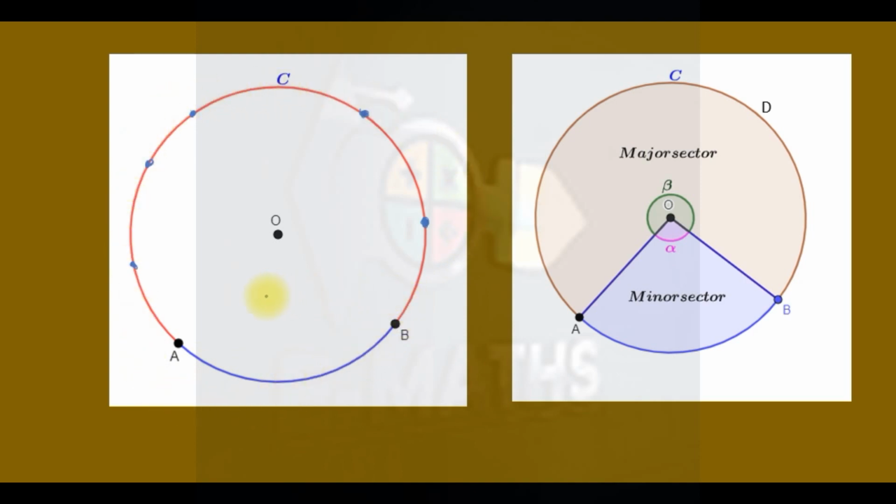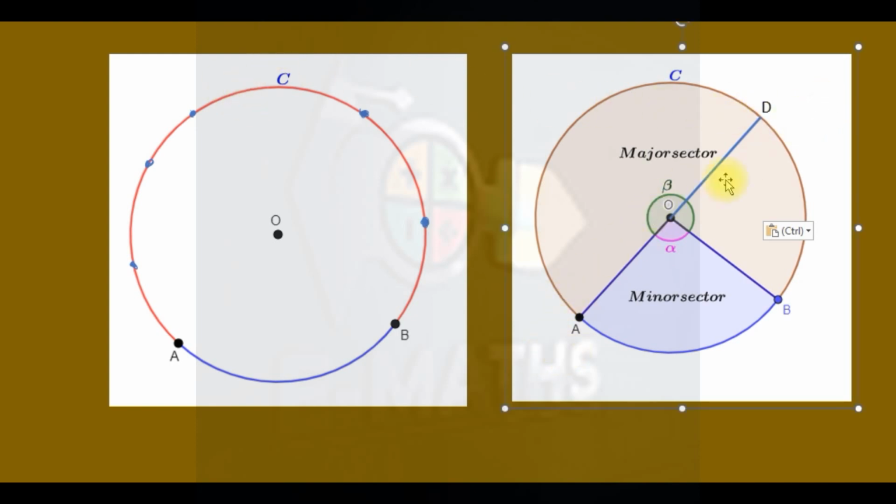Now the radius. Radius is just the distance from the center to a point on the circumference. So I'm saying that OA, that's OA here, is the radius of the circle. While the diameter is 2 times the radius, the distance between 2 points on the circumference that passes through the center.